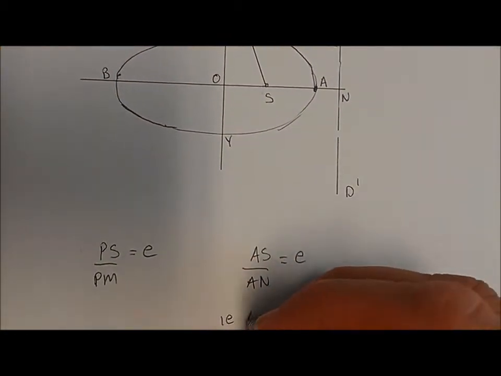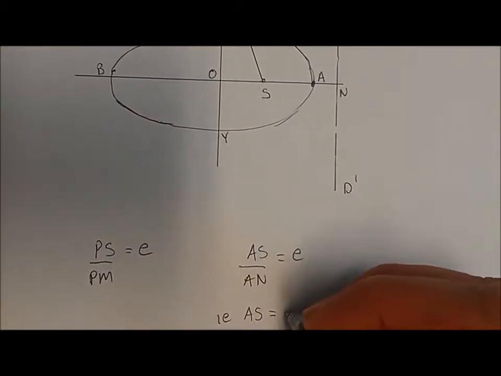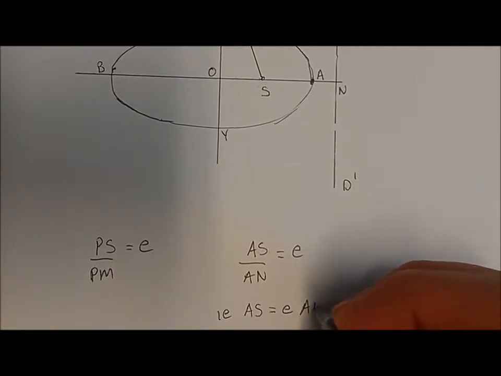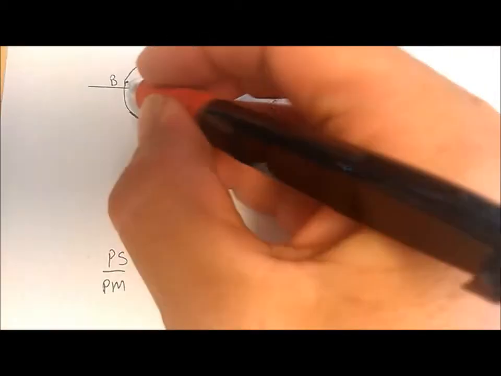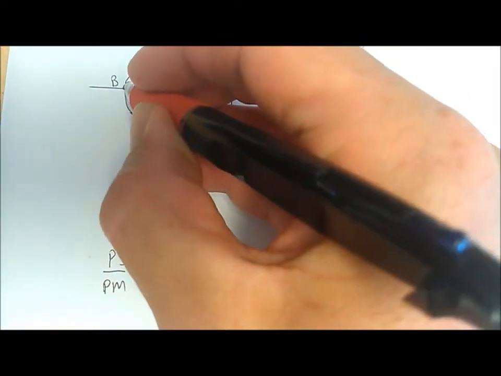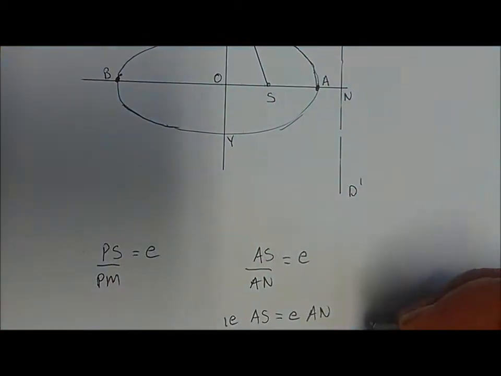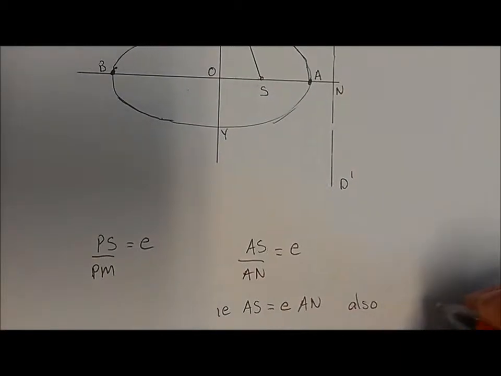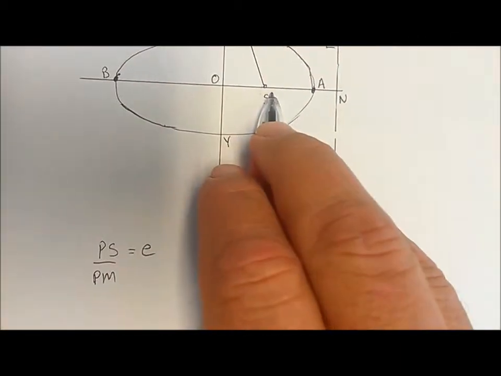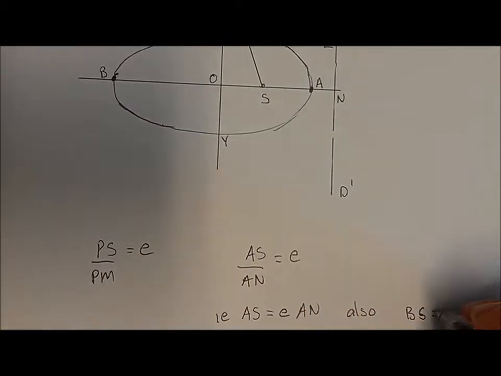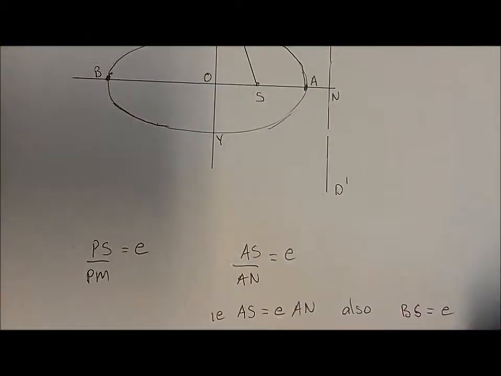So that is that AS is equal to E times AN. Similarly, the same thing must happen from this point B as well. So also, B being a point on the ellipse, BS must be equal to E times BN.